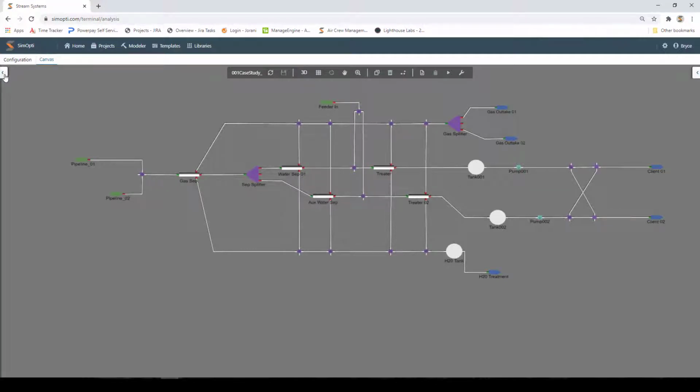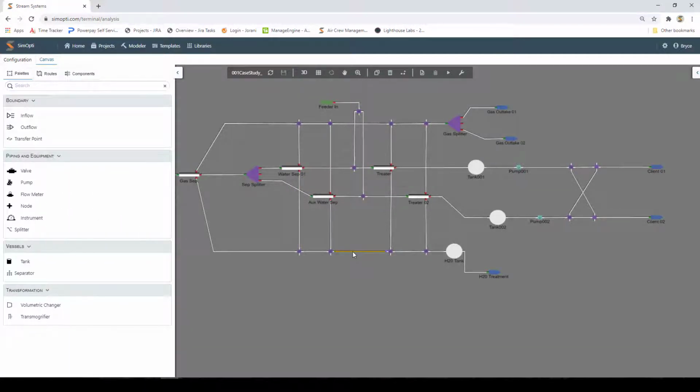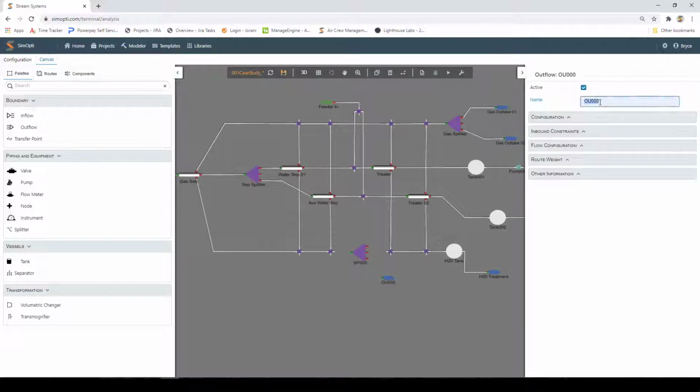So let's try out the idea of deleting this line and adding a splitter that will feed a water outflow. And let's just call this water outtake 1.